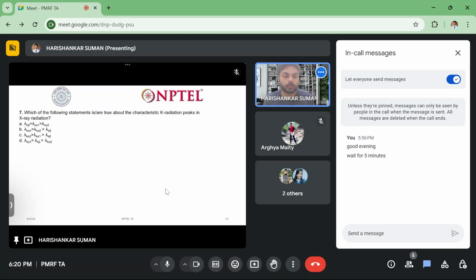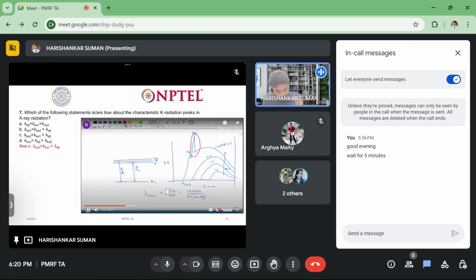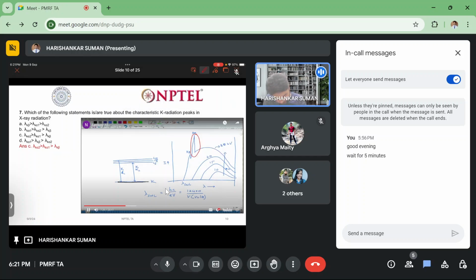So let's discuss. The answer is C: wavelength of K alpha 2 is greater than K alpha 1, which is greater than K beta. Why? Let's see. We know the transition from L to K corresponds to K alpha.